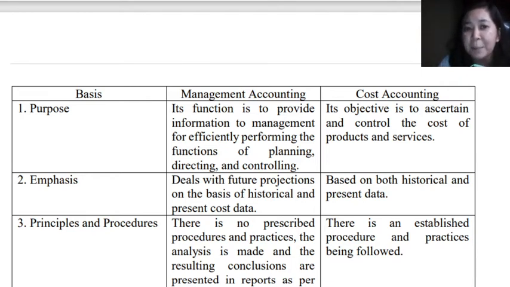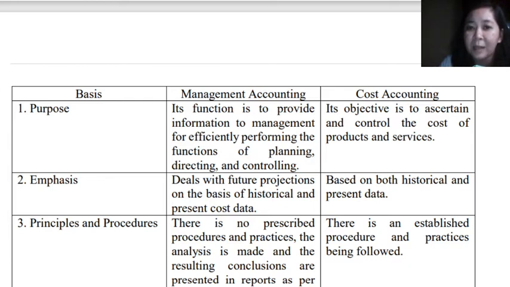For the emphasis, management accounting deals with future projections also, but they base it on historical and present cost data. Basically, if you want to project or plan or budget for the next accounting period or for the future, the most appropriate basis for it is the historical data or the present data. So that's how management accounting uses this data.